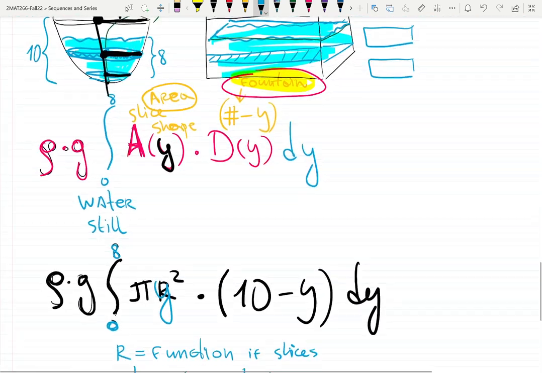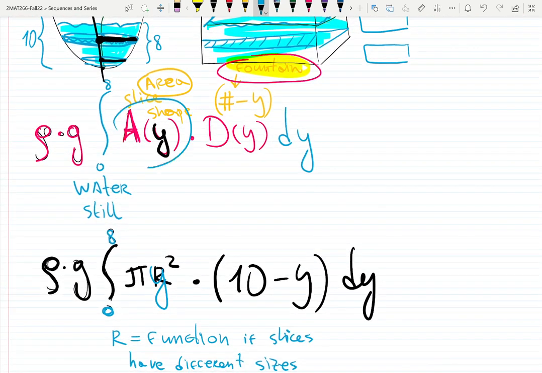In general, a is a function if slices have different shapes. And that's why I like this idea of explaining that it's the area of the slice that depends on the shape. The shape matters. If the shape is constant, area is constant. Does that make sense? Yeah. Well, I don't know. I just answered my own question. Does it make sense? I said yes. So that is the idea here.